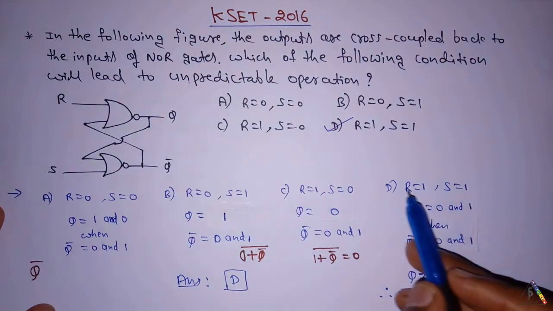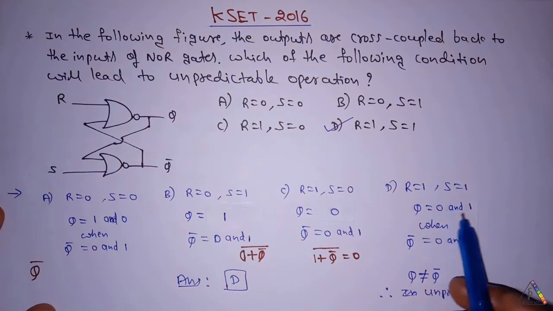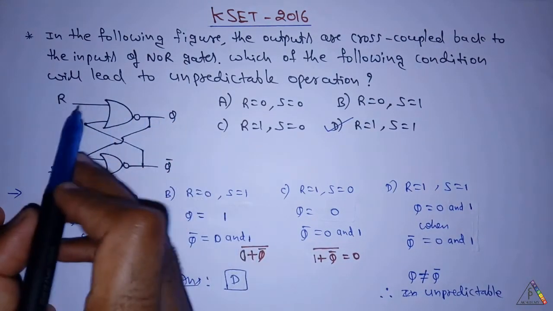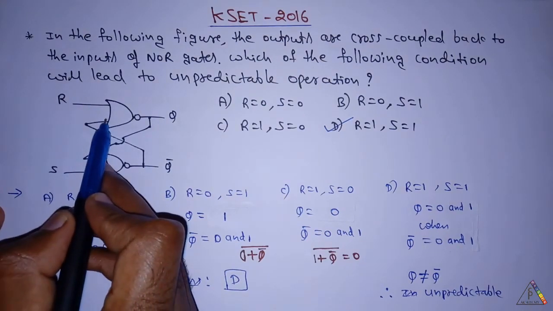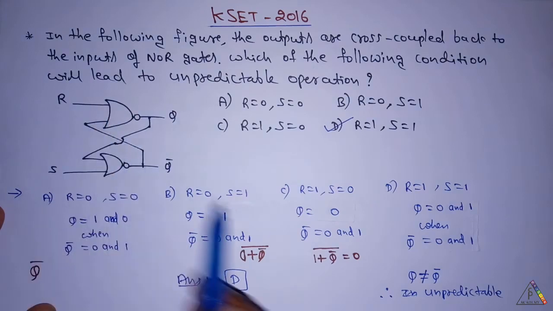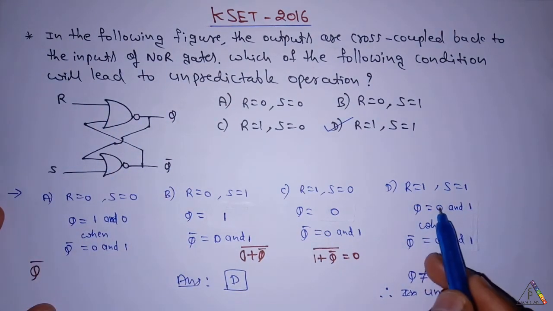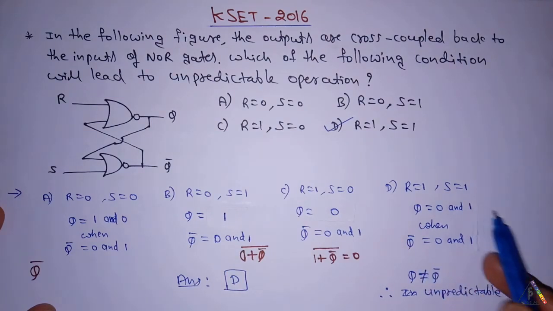And by considering the D option, that is R is equal to 1 and S is equal to 1, this output Q will be equal to 1 plus Q bar whole bar. That means for the value of Q bar equal to 0, Q will be 0, and for the value of Q bar, Q will be 1.